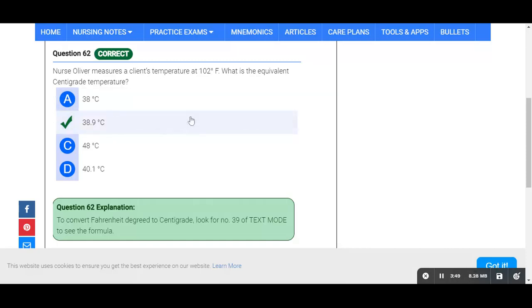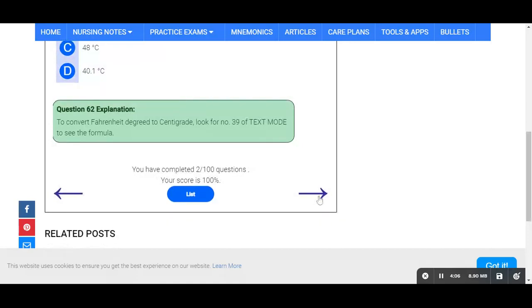Again, to convert Fahrenheit to Celsius, it's Fahrenheit minus 32 times 5 over 9. Whereas for Celsius to Fahrenheit, we use Celsius times 9 over 5 plus 32. So that's how we do it.